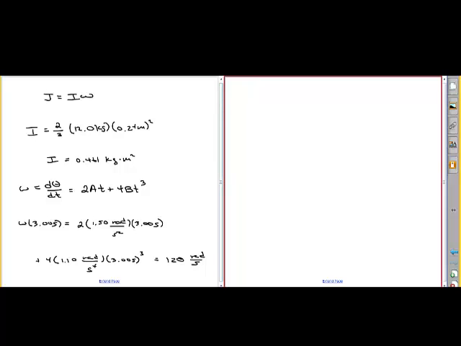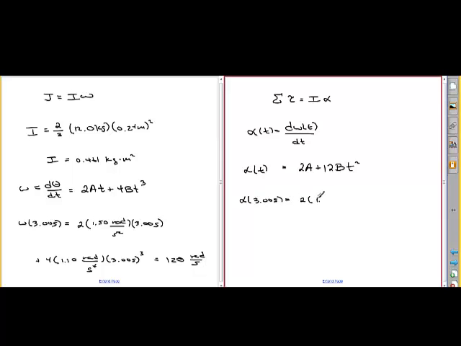Now to calculate the torque, we use Newton's second law, which says the sum of the torques is equal to the moment of inertia times alpha. We already have the moment of inertia, we just have to calculate alpha. But alpha is just d omega of t dt. So we take the derivative of this expression, and we get 2a plus 12b t squared. So that's alpha, and we can evaluate alpha at 3 seconds.